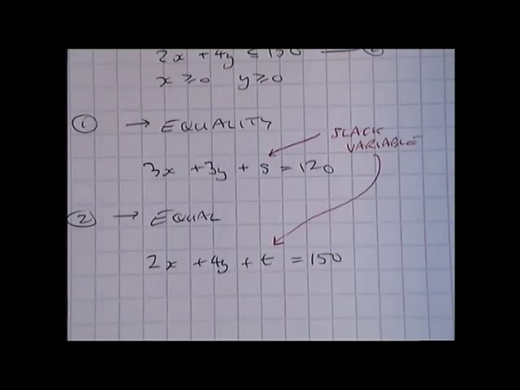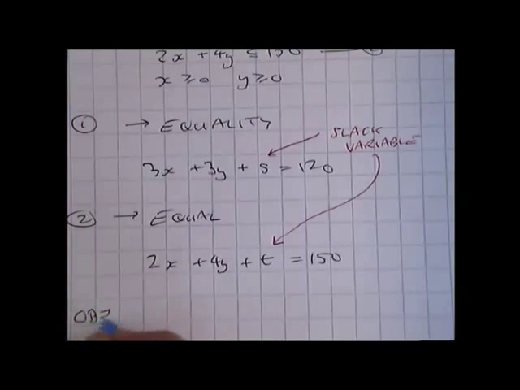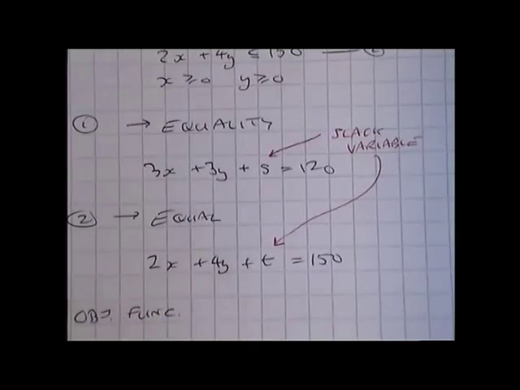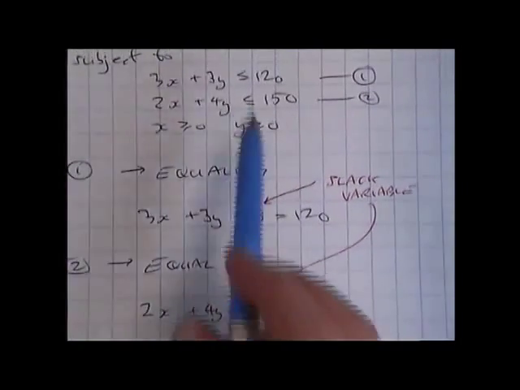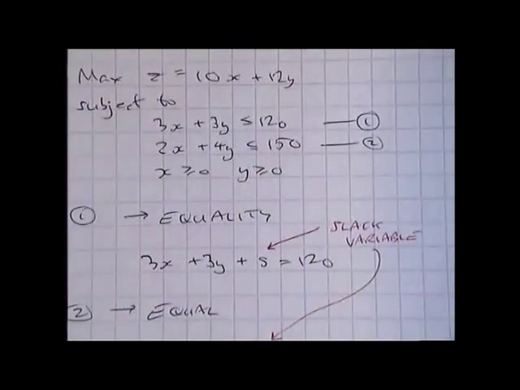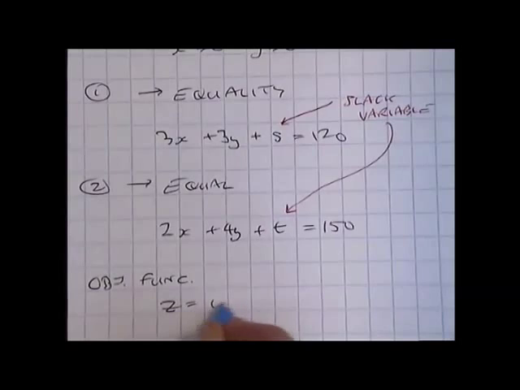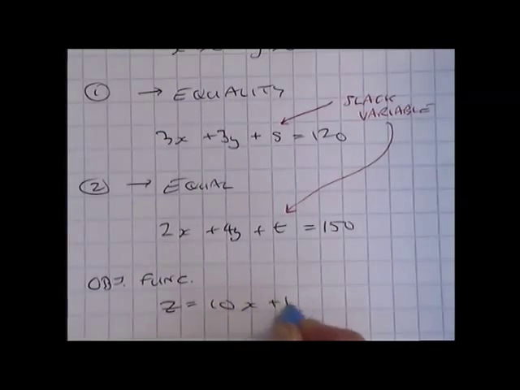Right, the next thing that we do is we start to rewrite our problem, and we look next at our objective function. Our objective function at the start was this thing here, maximise z, which is 10x plus 12y. Z equals 10x plus 12y.